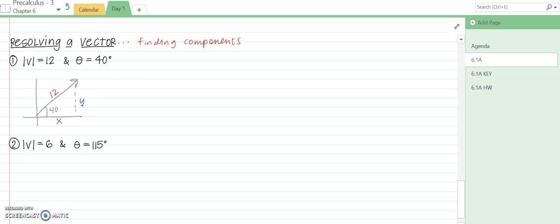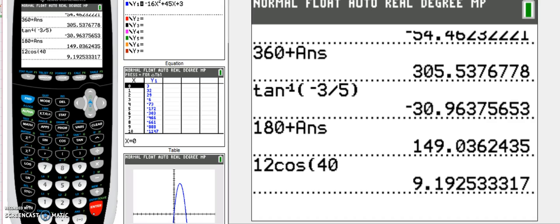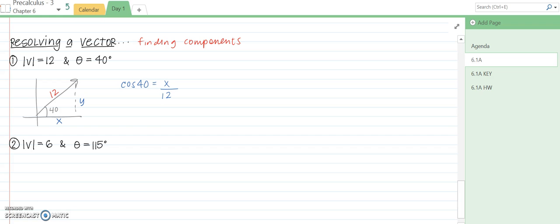So to do it, we can use trig. If I want to find the adjacent and I have an angle and its hypotenuse, I can use cosine. Adjacent over hypotenuse. So in your calculator, you have 12 times the cosine of 40. You get an x component of 9.19. And to find y, that's the opposite to that 40-degree angle, so I'd use sine.